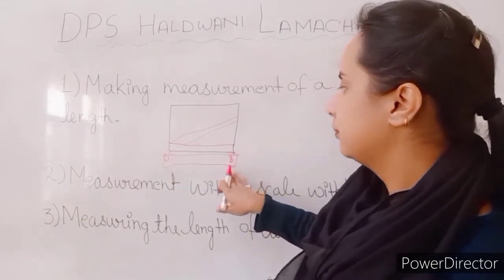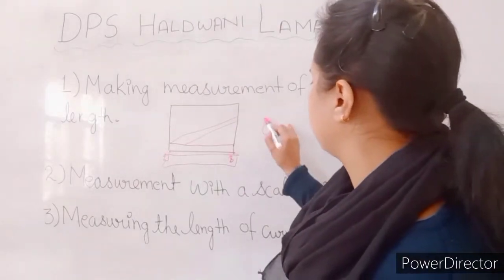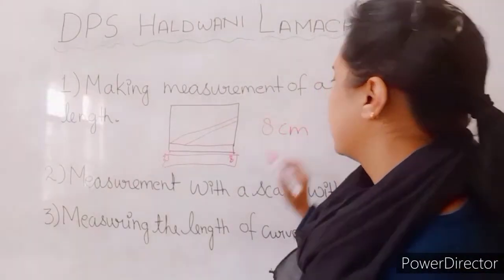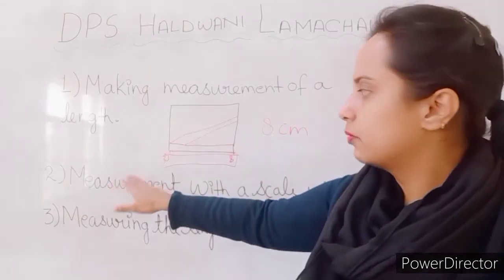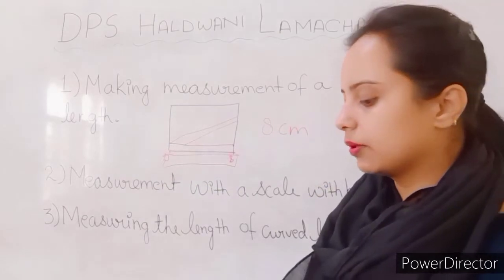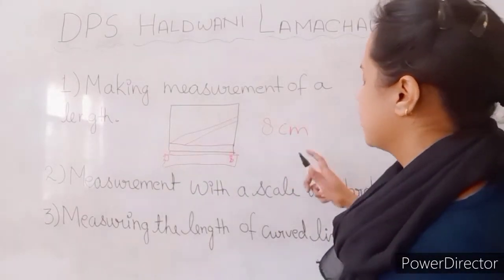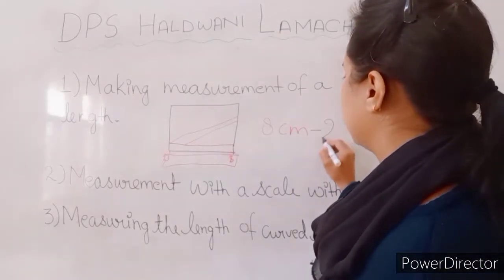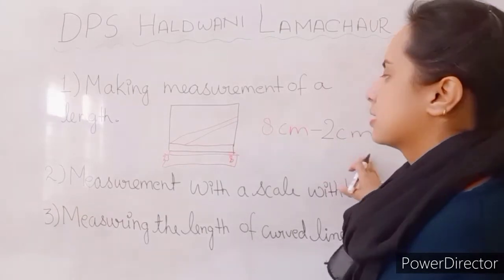Then here up to 8 centimeter is coming, so what will we do? Your scale is broken up to 2 centimeter, and we will subtract 2 centimeter. जितना आपका स्केल टूटा है उतना हम इसमें से माइनस कर देंगे.